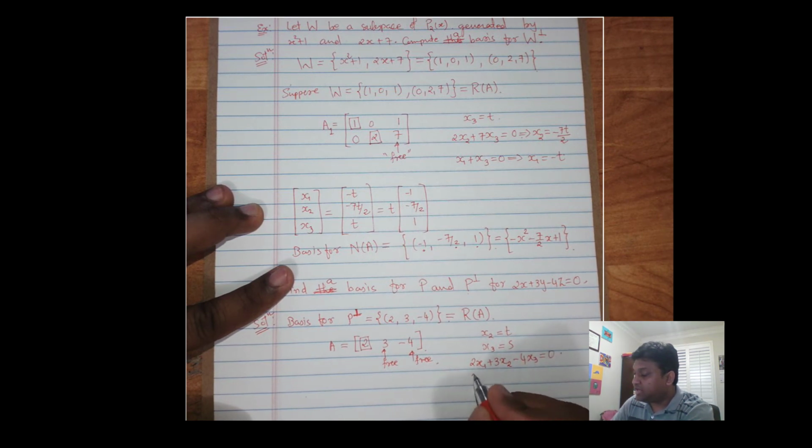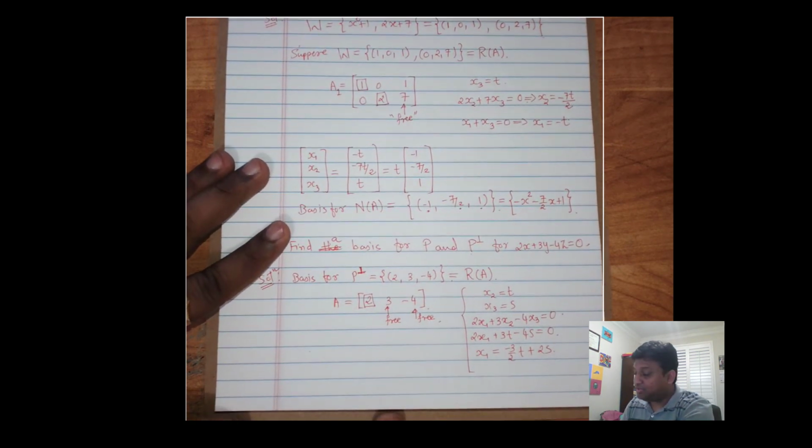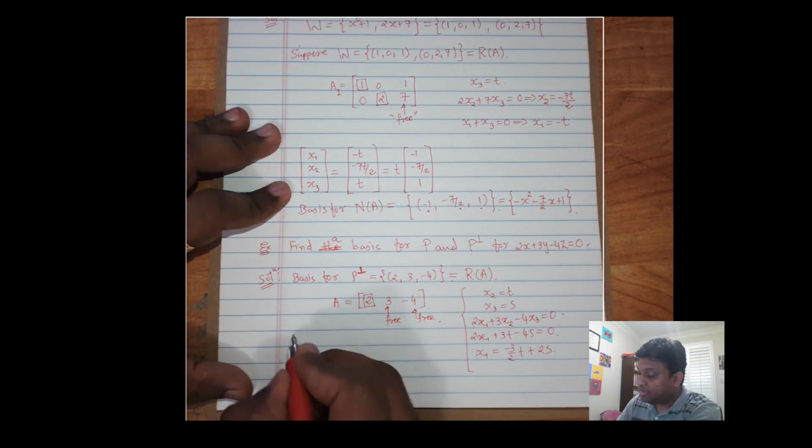So 2x1 plus 3t minus 4s equal to 0. I get x1 equal to negative 3 over 2 t plus 2s. I'm ready to write down the basis for the null space. Let's do it carefully.